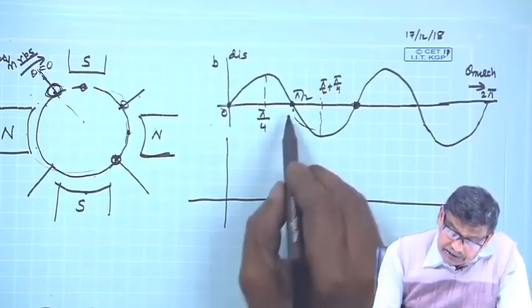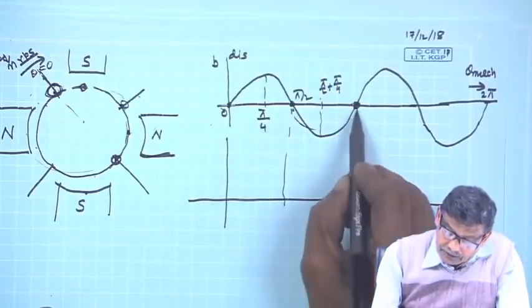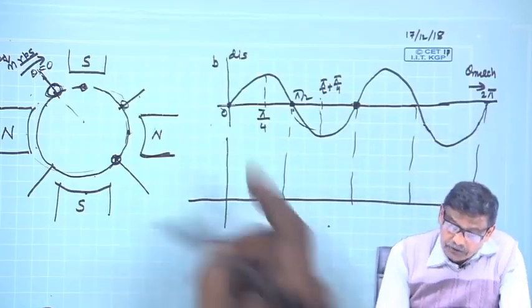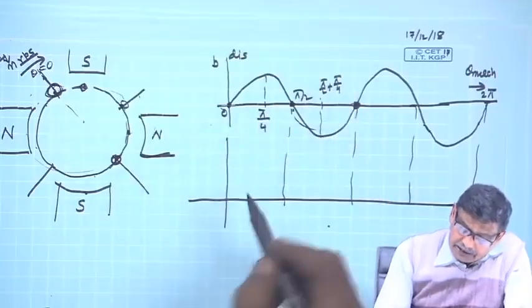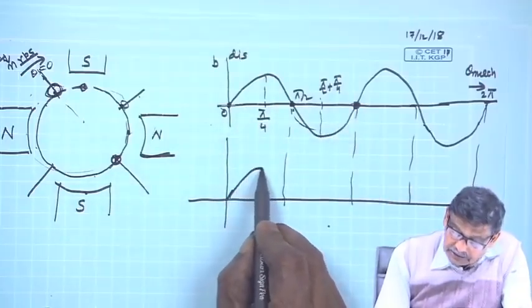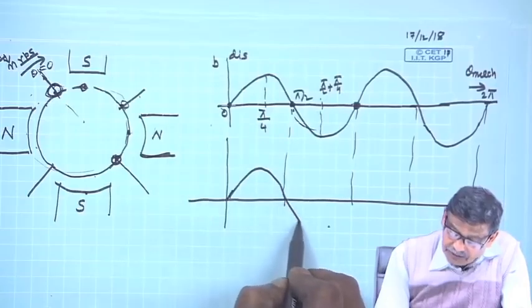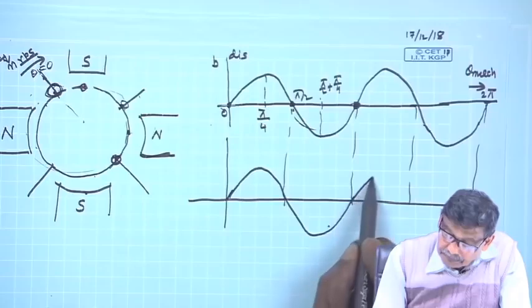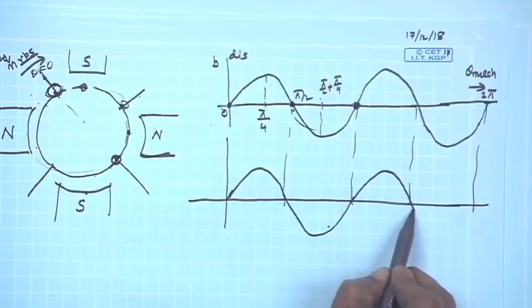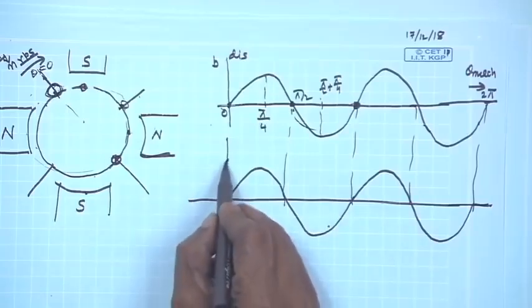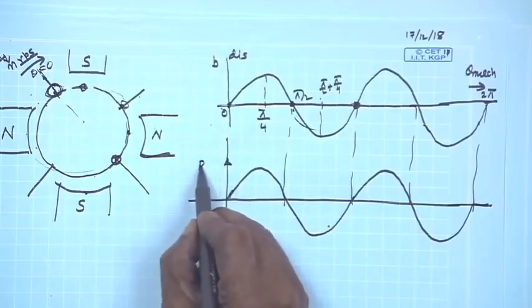The question is, your conductor does not know all these things. It only knows whatever B is there above it, that will be the voltage. So, conductor will also generate voltage like this. So, this is voltage BLV.